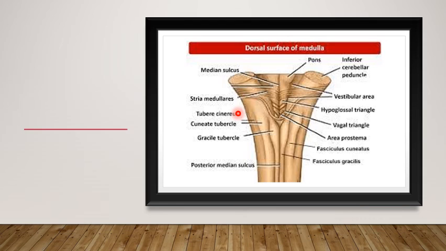Now, after understanding the dorsal surface of the medulla, what we have to understand, students, are the vital centers of the body. The medulla is the seat for many vital centers of the body. Vital centers located in medulla, let us see what they are.